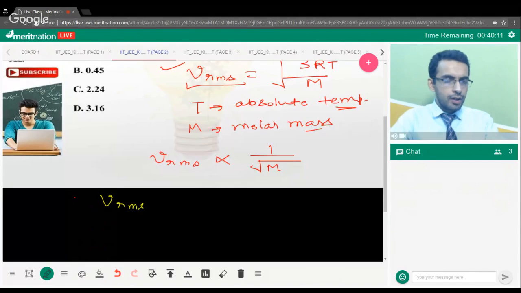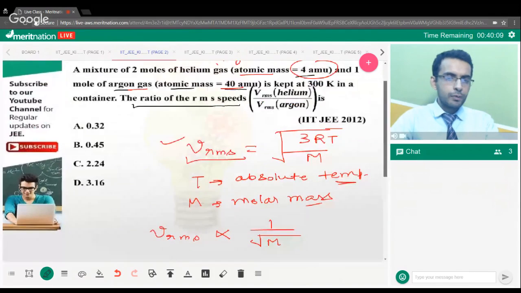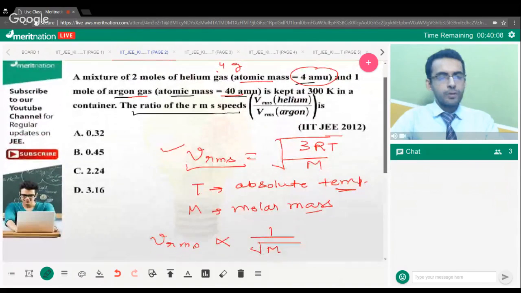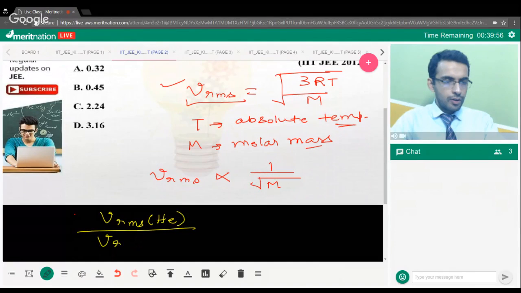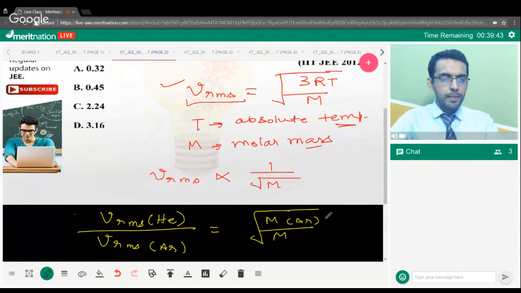What we have to find is the ratio of VRMS for helium and VRMS for argon, right? So the ratio will be equal to square root of M of argon over M of helium, right?